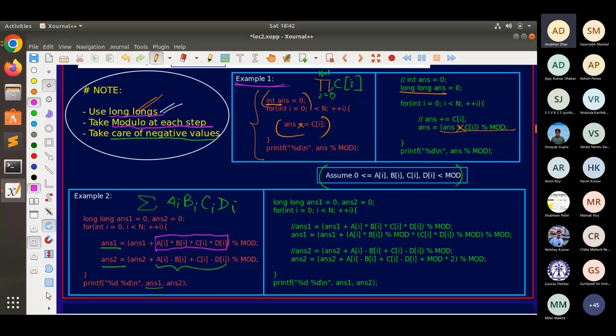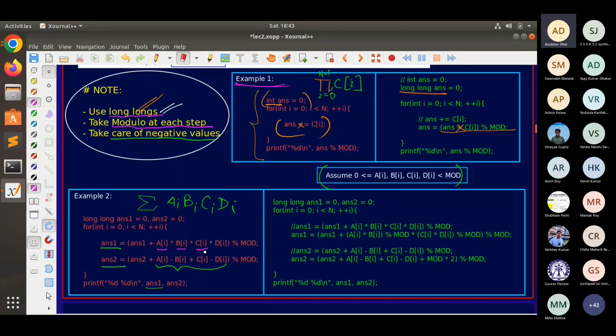Is that not clear? Any response? Like here, what is c_i? These are some values that you have.